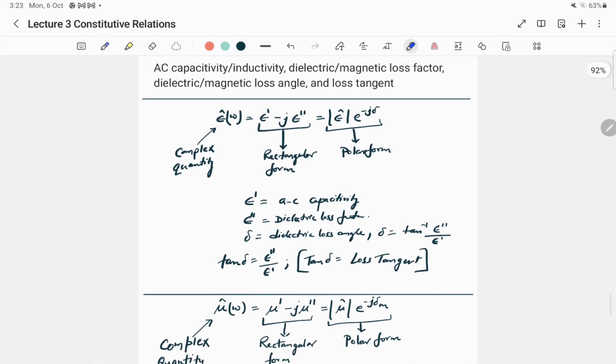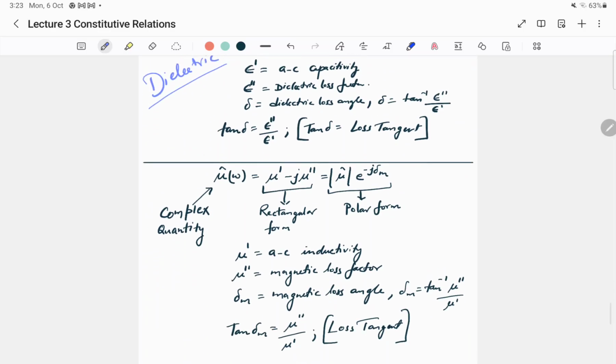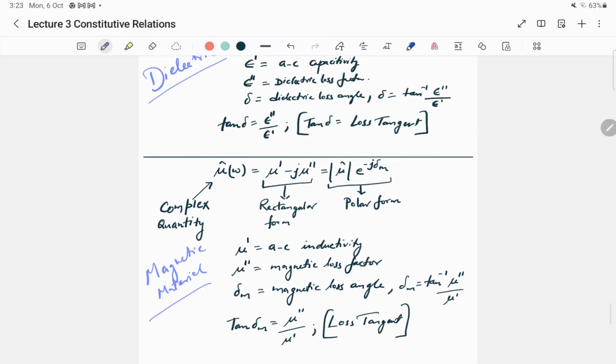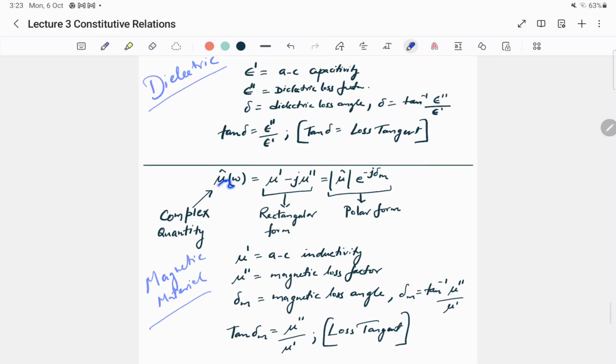Okay, so this is good for dielectric material. What if the material is magnetic? If it is a magnetic core, in that case our complex permeability mu cap is also a complex quantity, and it can be represented in rectangular form, where mu prime is AC inductivity and mu double prime is magnetic loss factor.